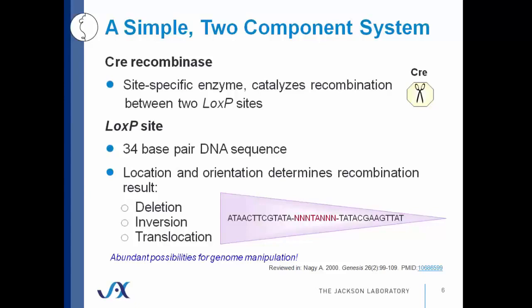The location and orientation of those LOXP sites will determine the recombination result. The most common use of Cre-lox system is for deletions, but inversions and translocations are available as well. The Cre-lox system allows for very abundant possibilities for genome manipulation.